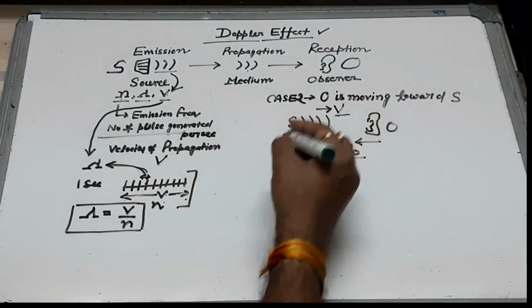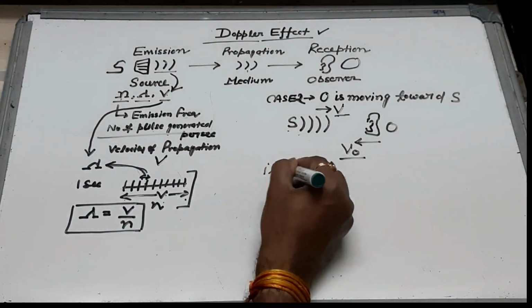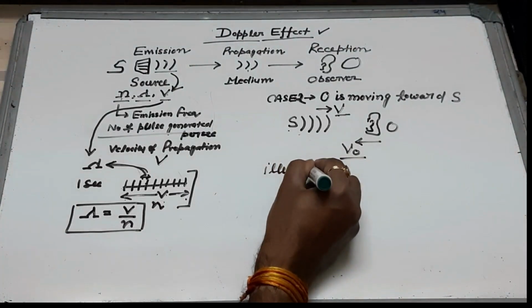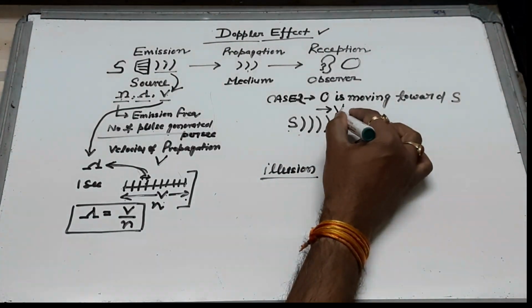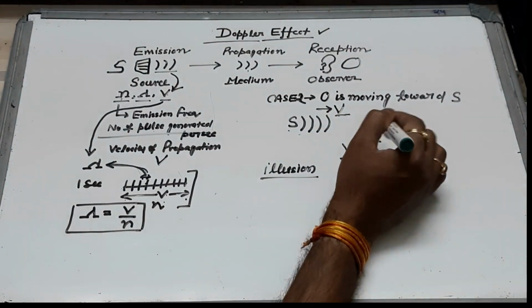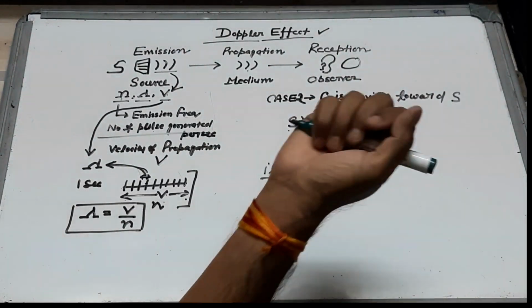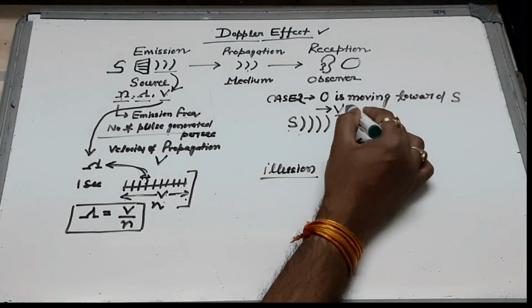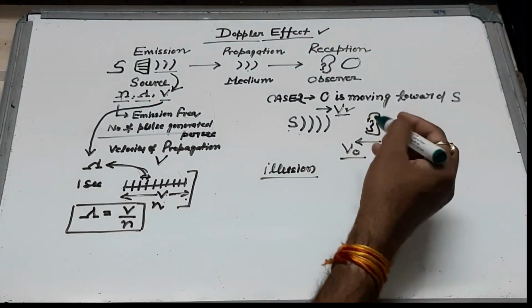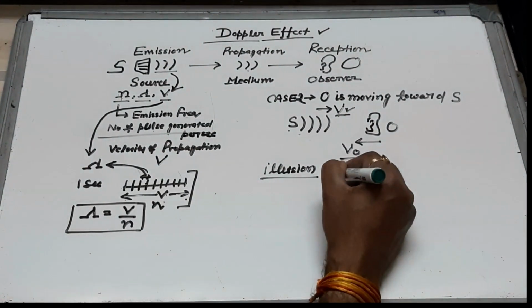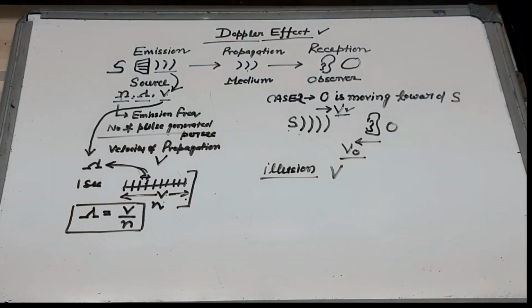Means here there is an illusion to the observer. It's an illusion itself. Velocity of wave is not changing. It is moving with v velocity only. But observer will feel it is catching the wave much earlier than what was expected by the velocity v. Means velocity is affected. Due to motion of the observer, the factor affected here is velocity.